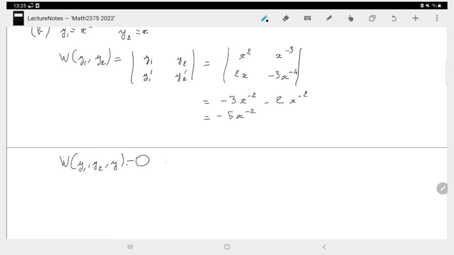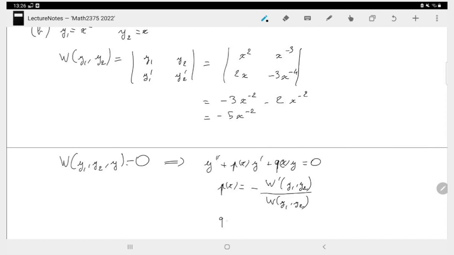Using the same result that we've demonstrated earlier, we get an equation that should be written like this: y double prime plus p of x y prime plus q of x y equals 0, with p of x equals minus W prime of y1, y2 over W of y1, y2, and q of x equals W of y1 prime, y2 prime divided by W of y1, y2.